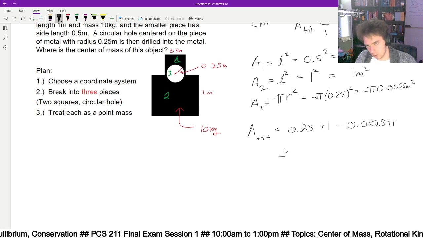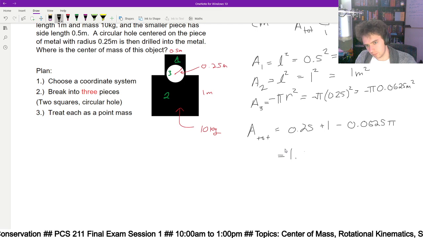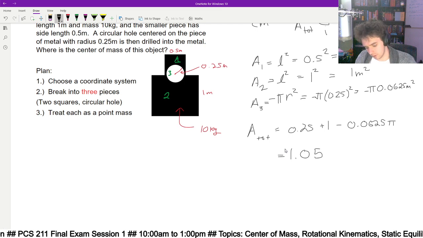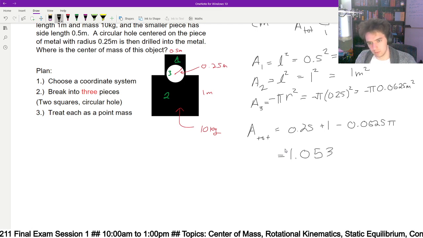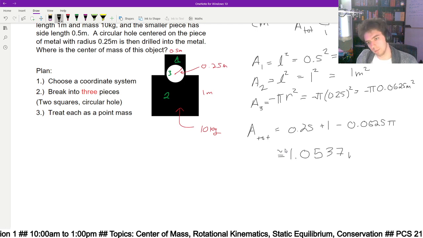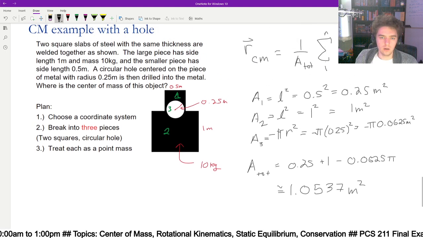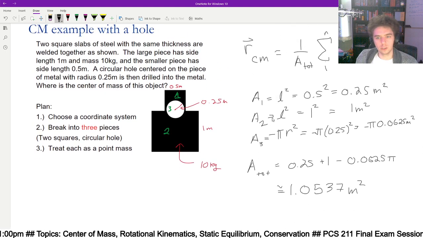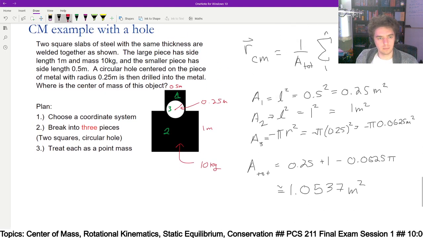And I got 1.0537 approximately meters squared.